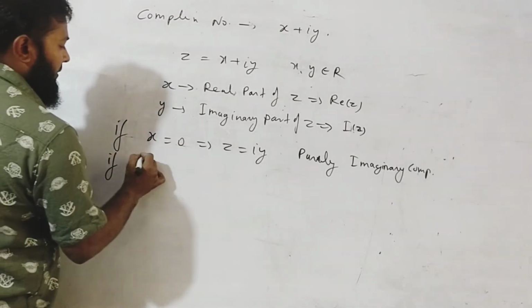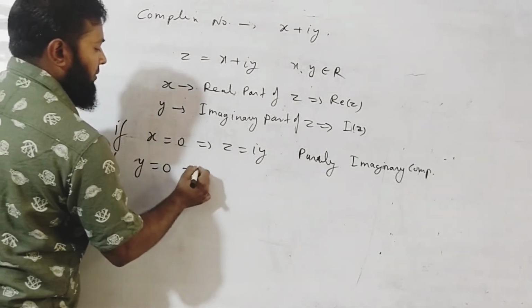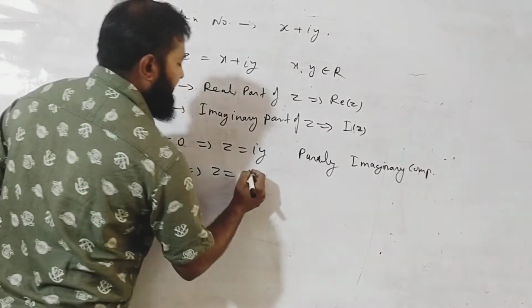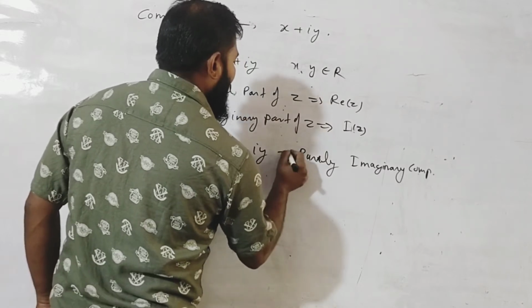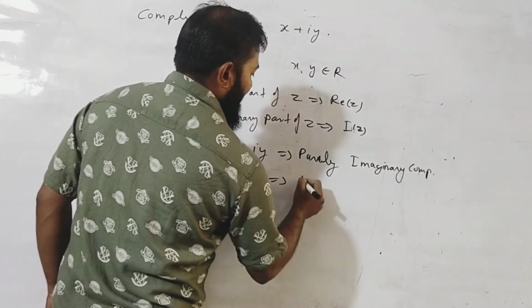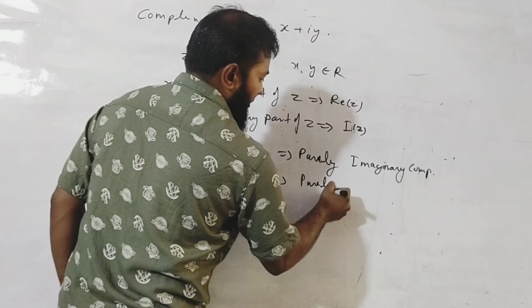If y equals 0, then z becomes x, and this is called purely real.